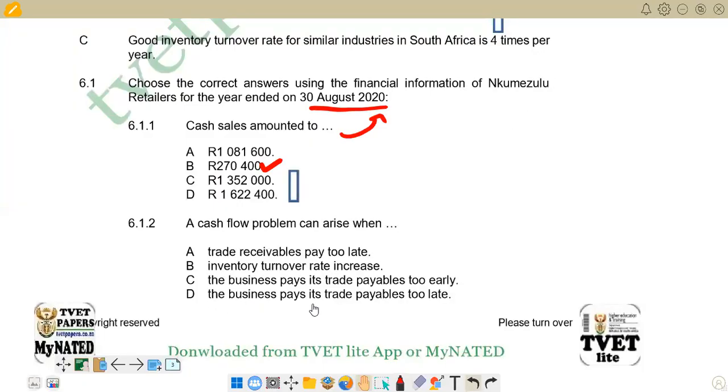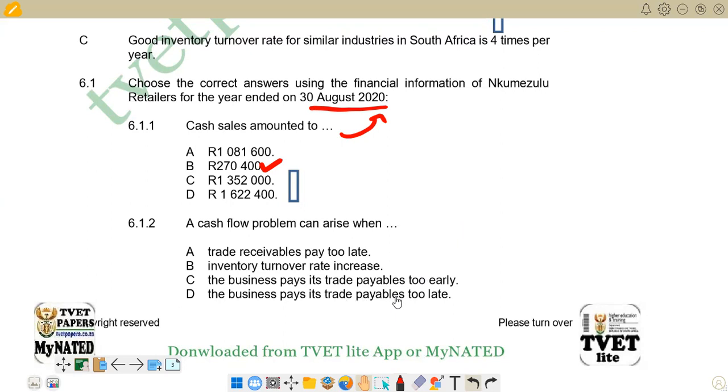The business pays its trade payables too late. This does not lead to a cash flow problem. Actually, we are holding cash for a longer period.